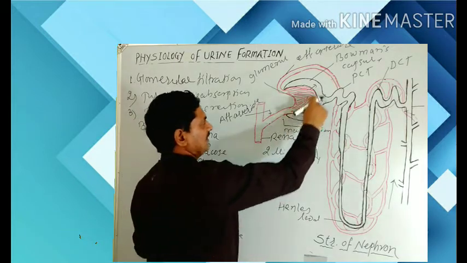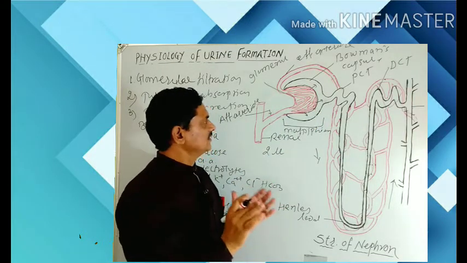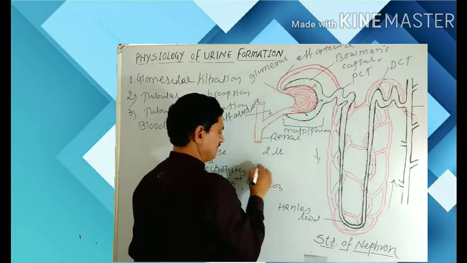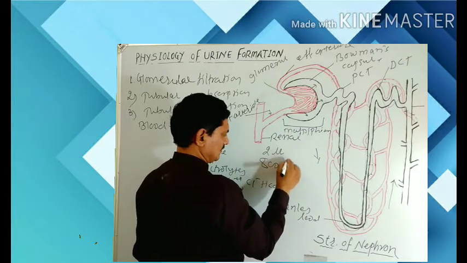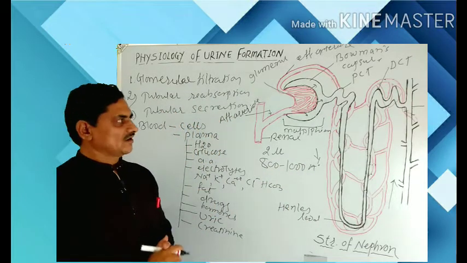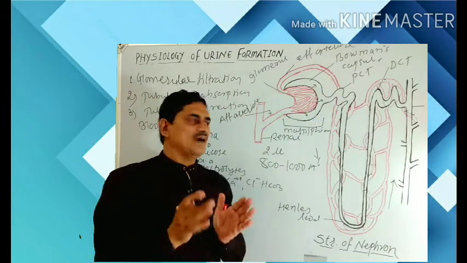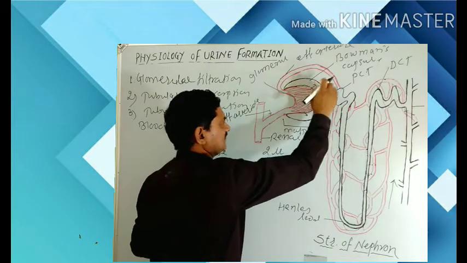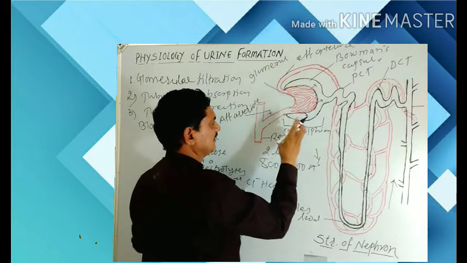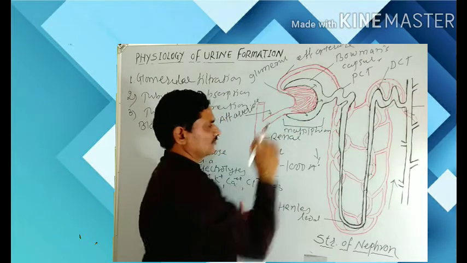The capillaries in this glomerulus have smaller pores. The microscopic pores measure 800 to 1000 angstrom units. Through these pores, and the semi-permeable nature of these capillaries, the plasma and plasma contents are filtered in this region. This is the glomerular filtrate. The filtrate which is filtered by this glomerulus is the glomerular filtrate.